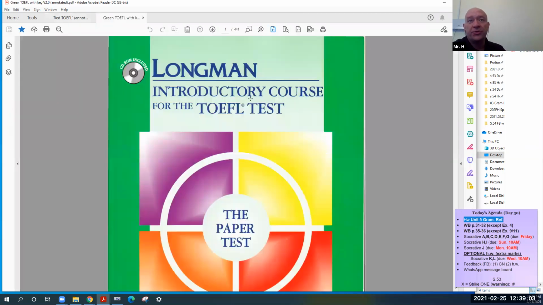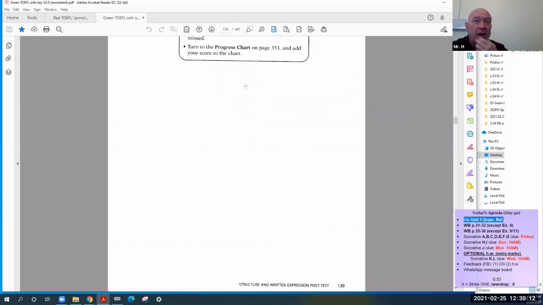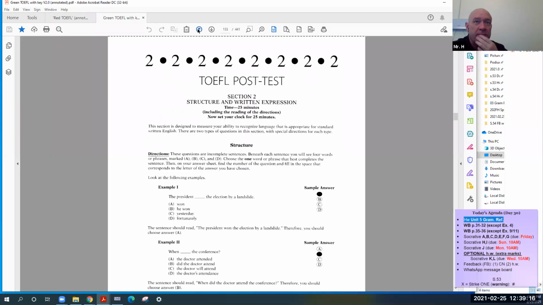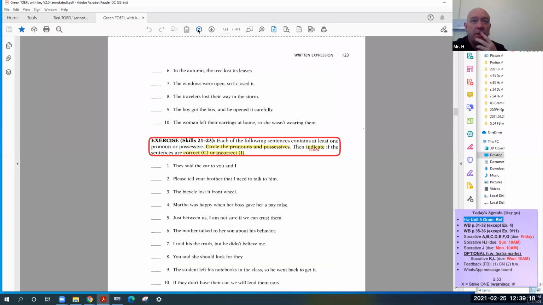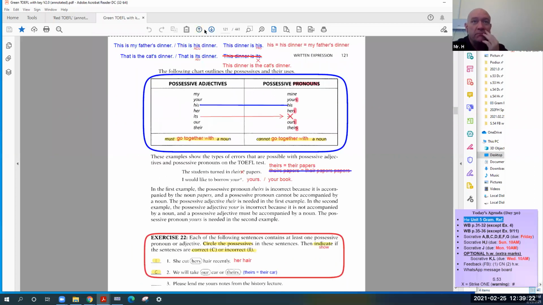Who's in 03? Raise your hand if you're in 03. Okay. Many of you. Now, if we look here in 03 at skill number, the green book.